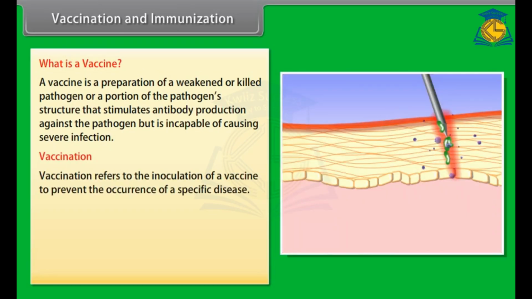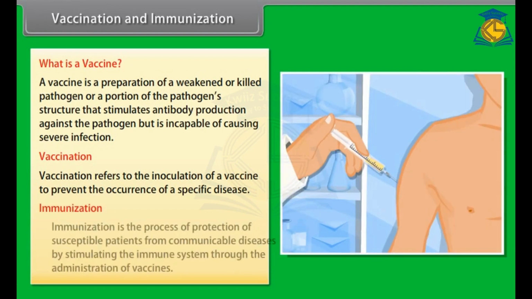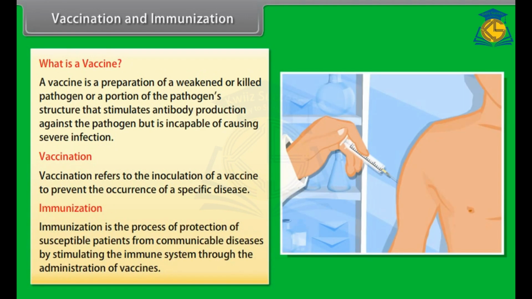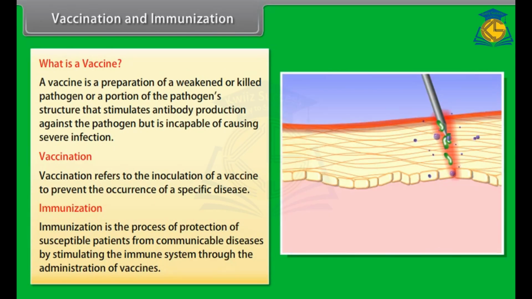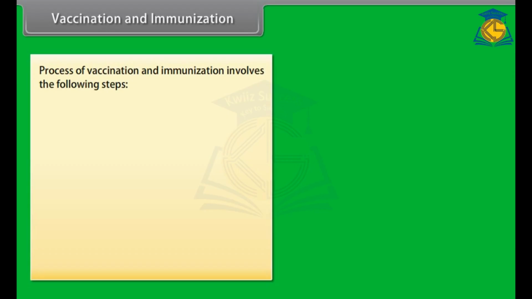Vaccination refers to the inoculation of a vaccine to prevent the occurrence of a specific disease. Immunization. Immunization is the process of protection of susceptible patients from communicable diseases by stimulating the immune system through the administration of vaccines. The process of vaccination and immunization involves the following steps.